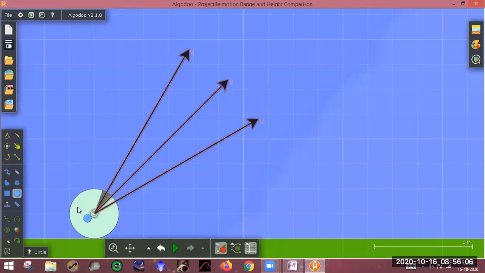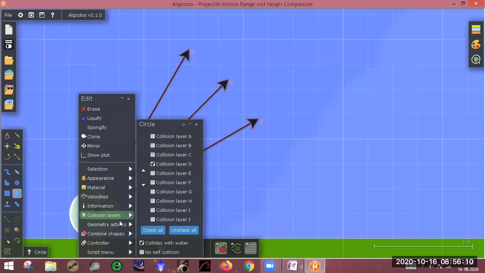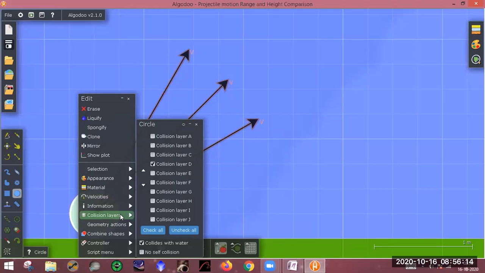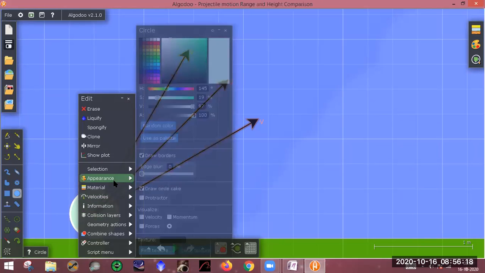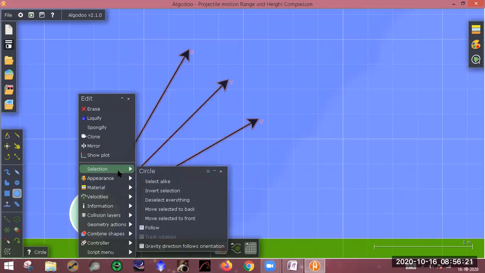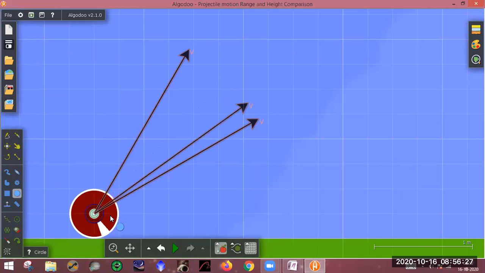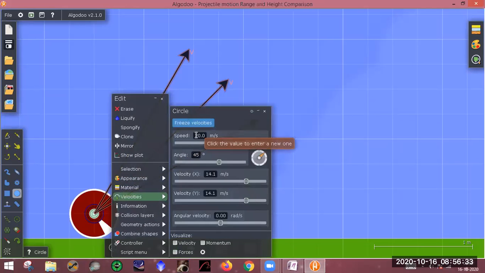Now if I send this to the back, how to do that? Send to back. Give me 1 minute. Okay, so here is the red one, which we are going to throw at again the same speed, 20 meter per second.